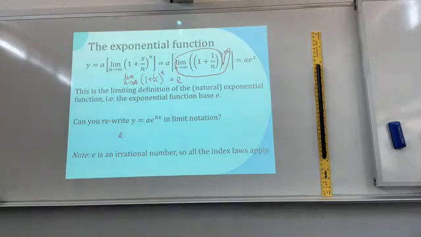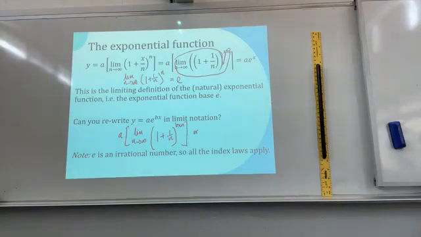It's just a limit n to the infinity, bracket 1 plus 1 over n to the power of bxn. That's all.